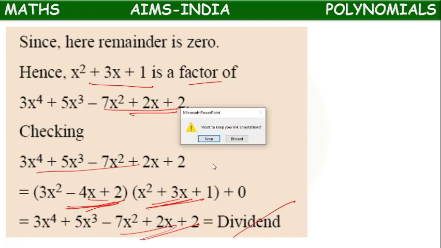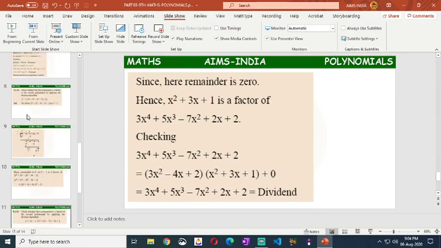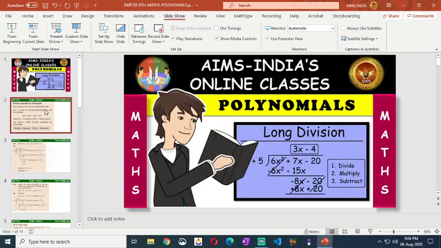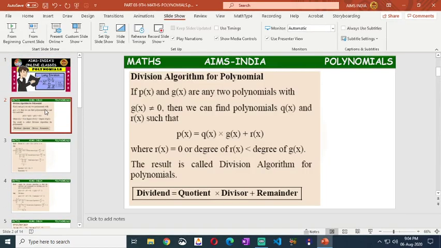So what we have learned today regarding the division algorithm of polynomial: if p of x and g of x are there, there exist two more polynomials, q of x and r of x, such that p of x equal to q of x into g of x plus r of x. Means dividend equal to quotient into divisor plus remainder.